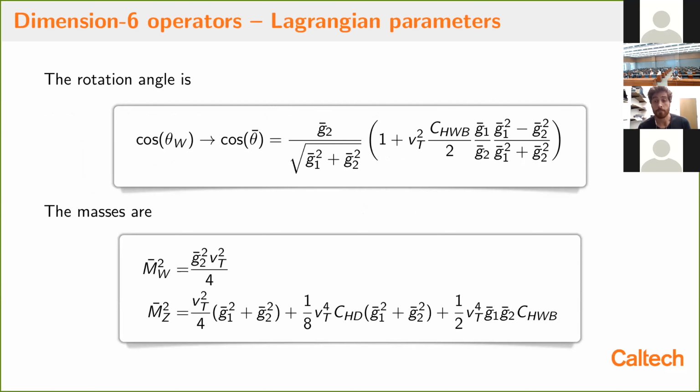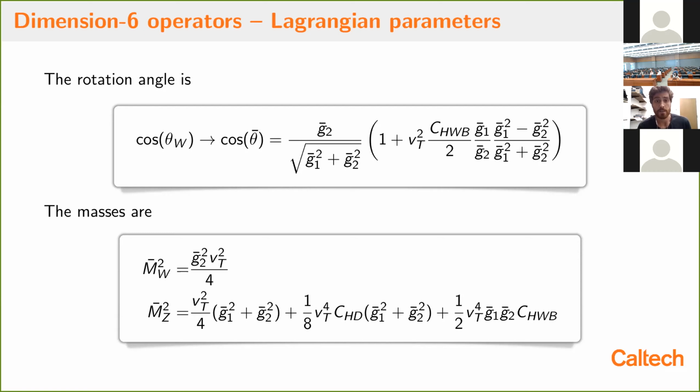And now things get a bit more complicated. So first of all, in this canonical normalization step, you can absorb this normalization into the gauge couplings. So all the gauge couplings will have these bars, which just means that they have absorbed these normalization factors.